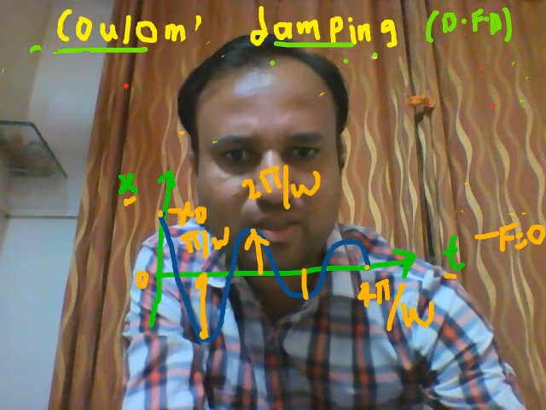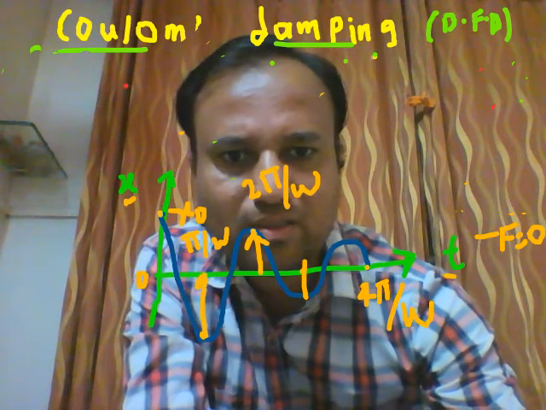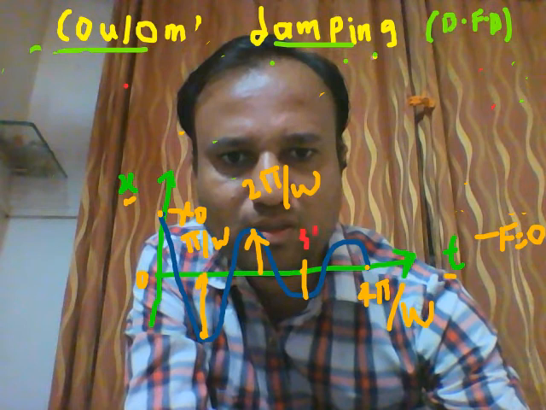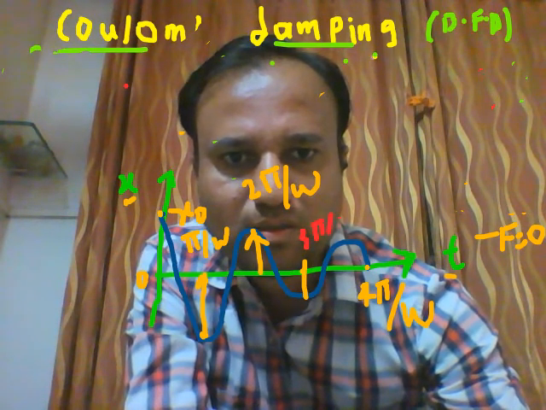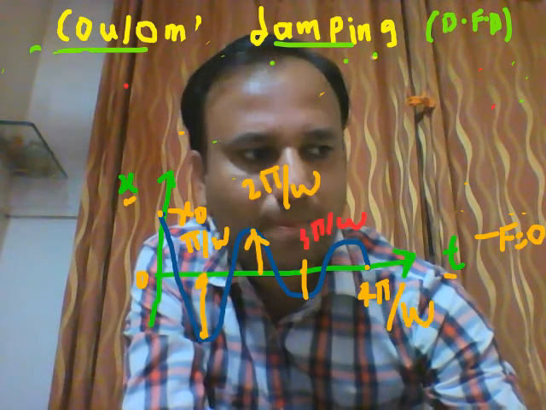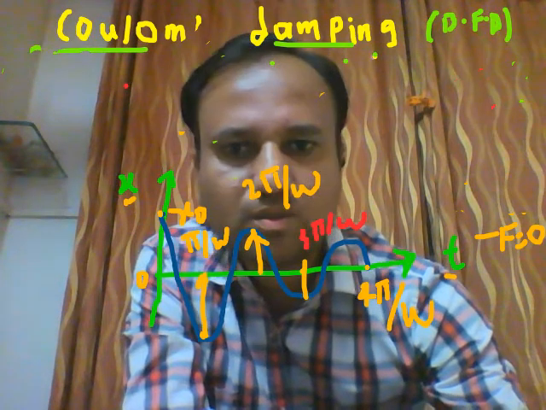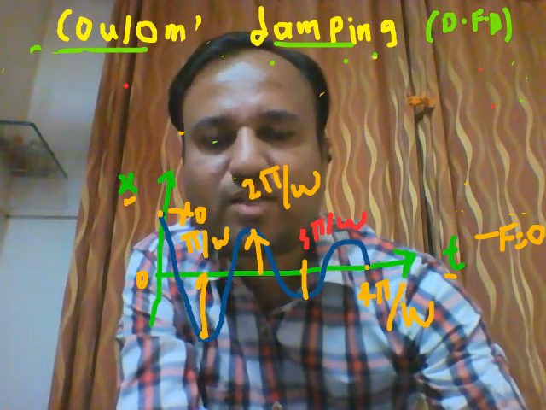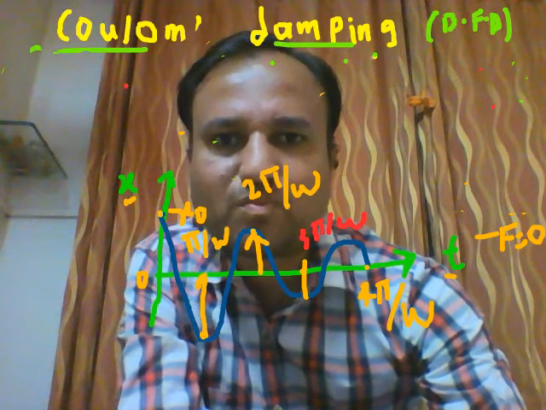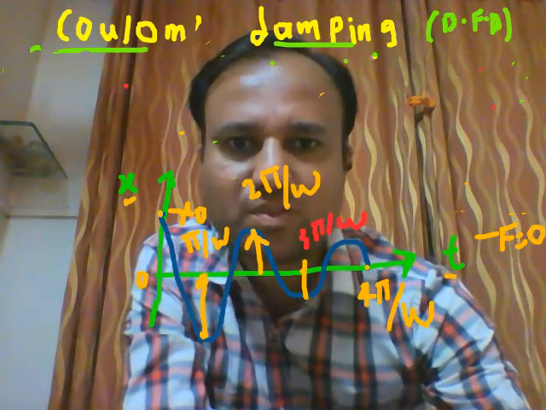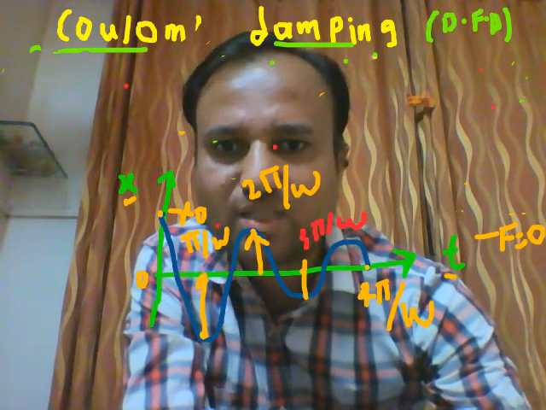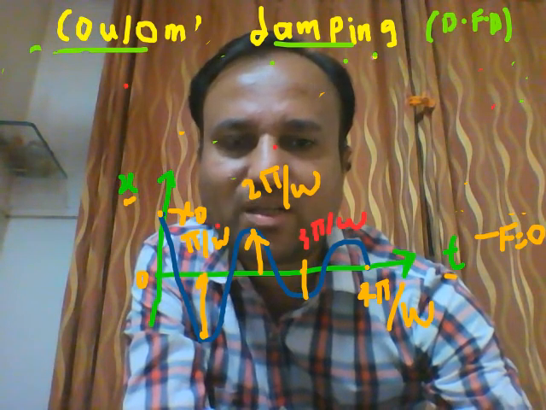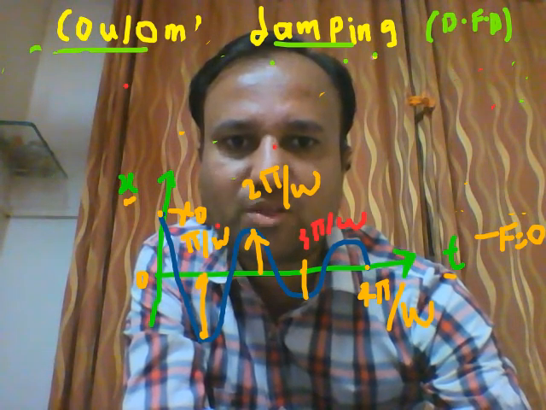So here time period 3 pi by w. So the time period in quarter cycle pi by w, in half cycle 2 pi by w.